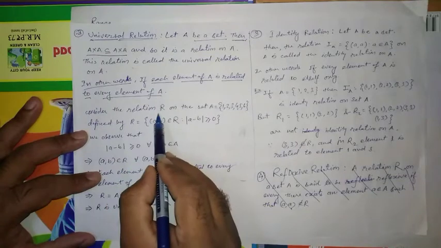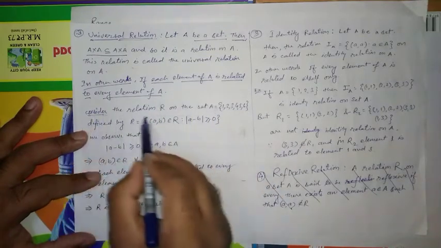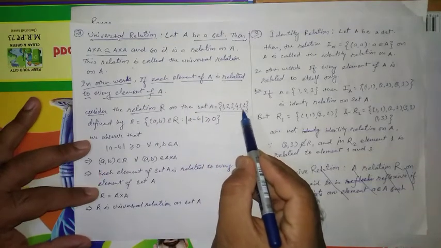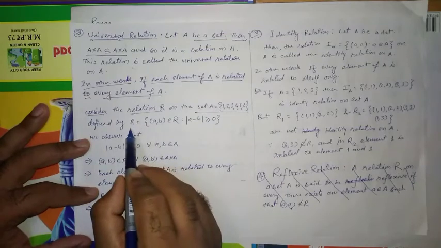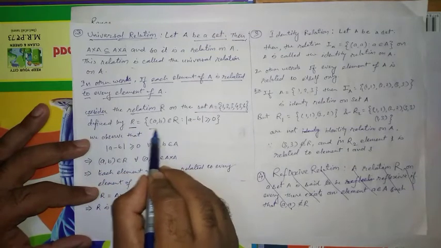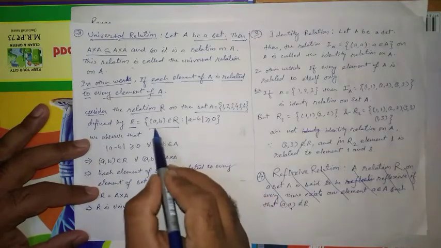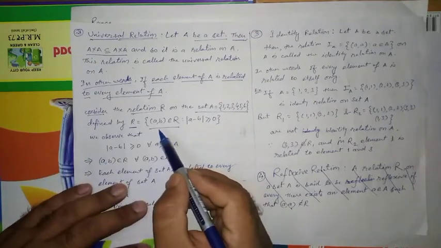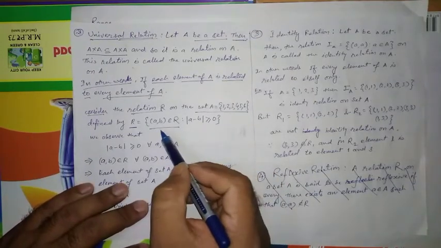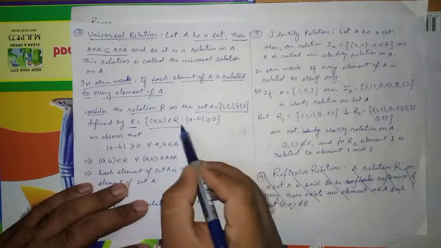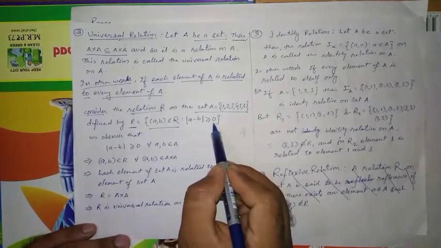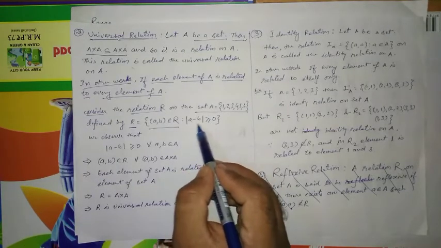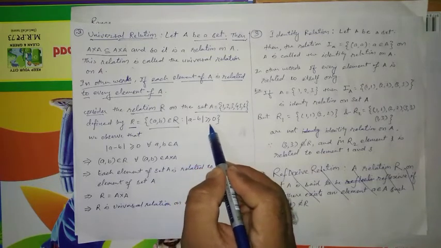Consider the relation R on the set A. Set A is given as 1, 2, 3, 4, 5, 6, and the relation R is defined such that (a, b) belongs to R, where modulus of a minus b is greater than or equal to 0.